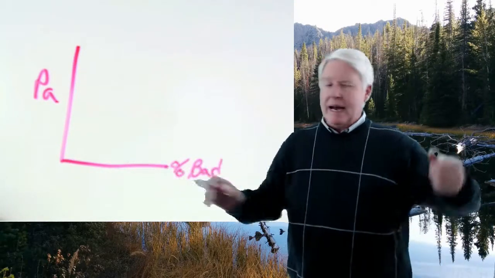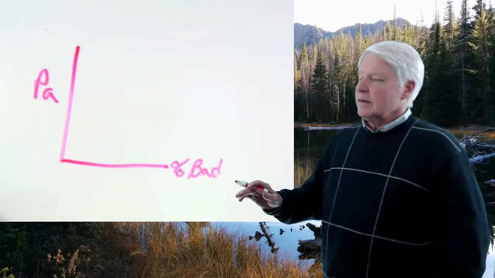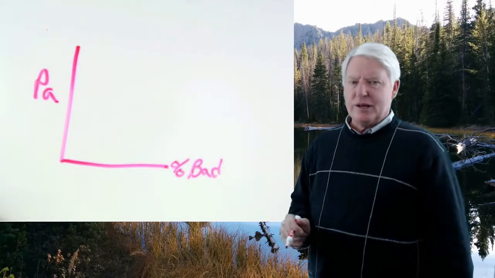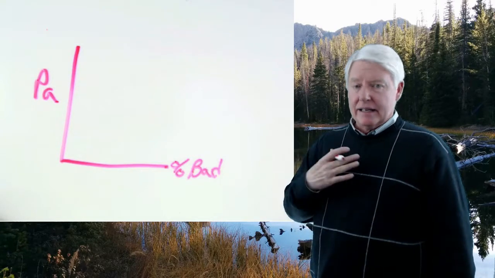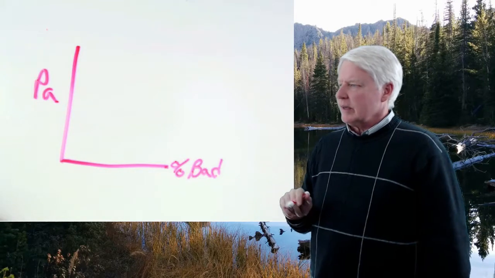So this represents reality here. You're all knowing somehow, and you look at a lot and you say, oh, that has 5% bad parts in it, and it is 5%. So this is reality, percent bad parts.